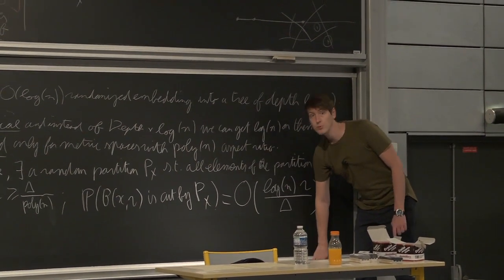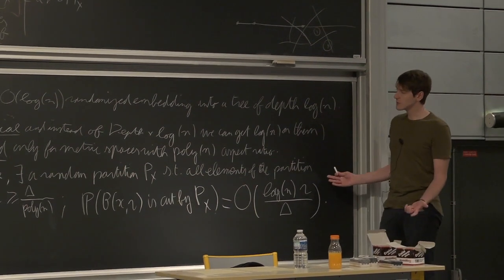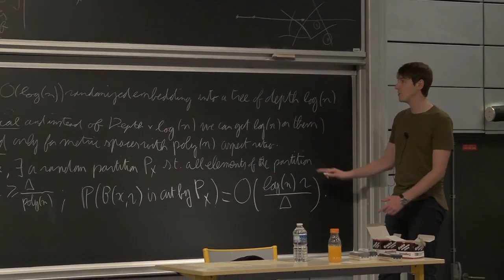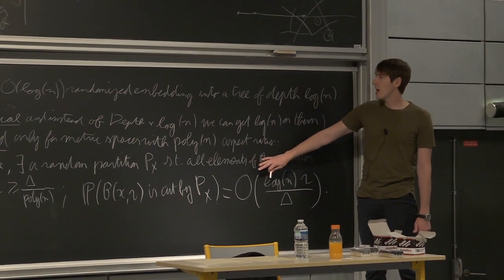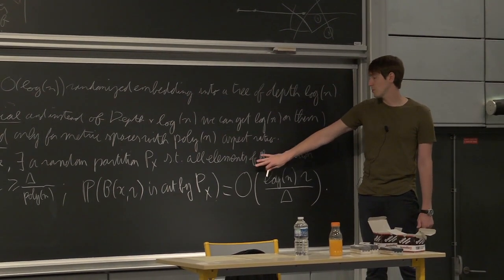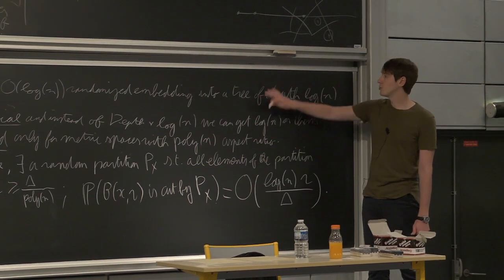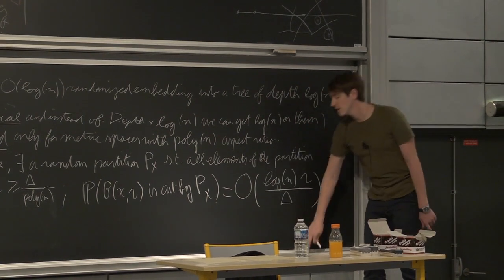Before I prove this lemma, the first time you see it, you're like, okay, what does that mean? Let me show how to use this, maybe a bit abstract, weird lemma to prove this very concrete embedding theorem.